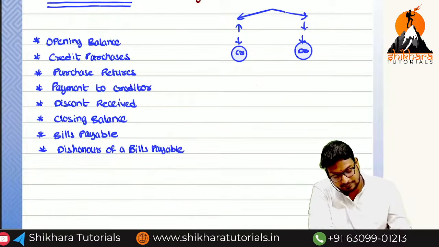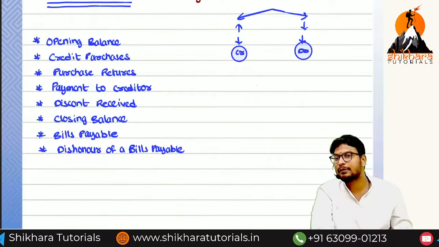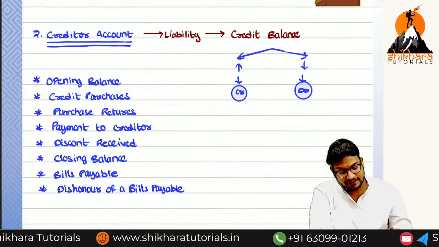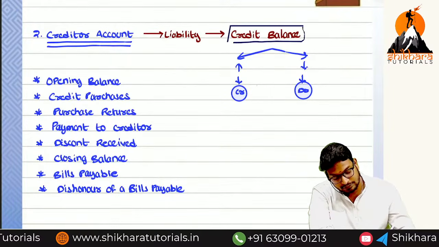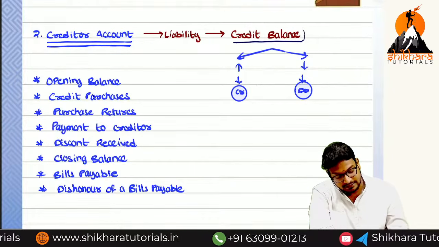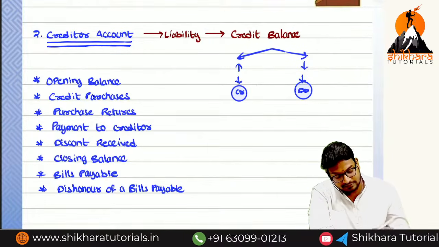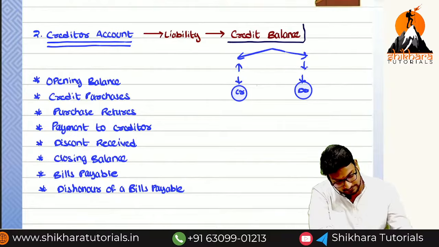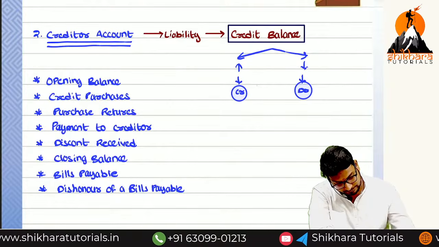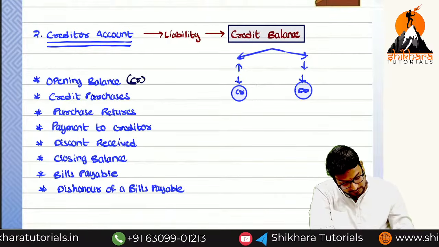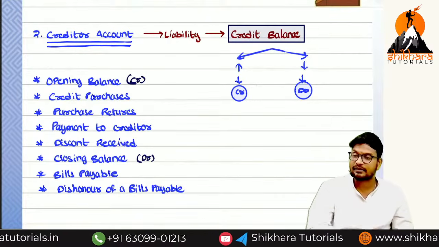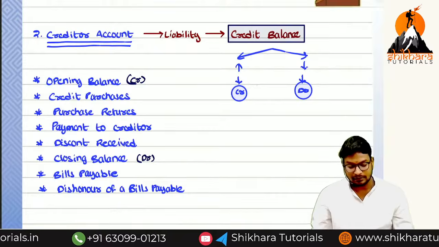So now let me ask, ma, opening balance will be on which side? This particular account is showing which balance? Debit or credit balance? So opening balance will be on which side? Credit side. Closing balance will be on which side, ma? Debit side. So opening balance is on the credit side and closing balance on the debit side. These are the basic rules we have already discussed.